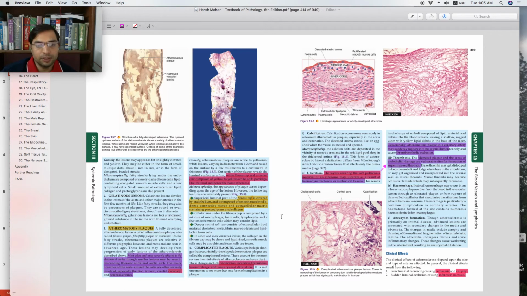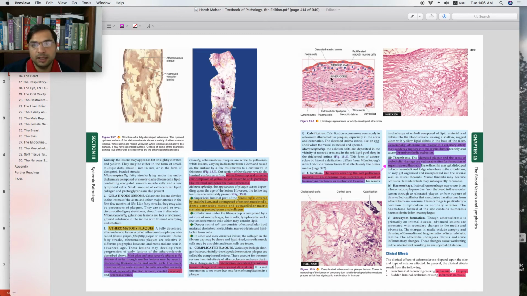That is called complicated plaques. Right, so let us go step by step. First change is calcification. Calcification is when these atheromatous plaques develop the deposition of calcium salts in them and they become calcified. So in spite of lipid, they start developing the deposition of calcium in them. Second is ulceration.